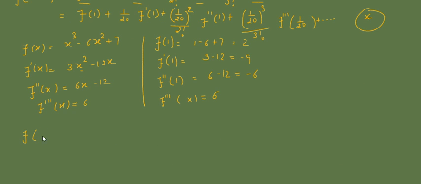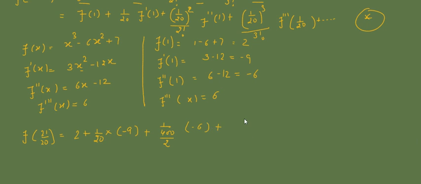So what do we have? 21 by 20, because a plus h is 21 by 20. F of 1 is 2 plus 1 by 20, the first derivative at 1 is minus 9, plus 1 by 20 square, that is 1 by 400, divided by 2 factorial, the second derivative at 1, which is minus 6.